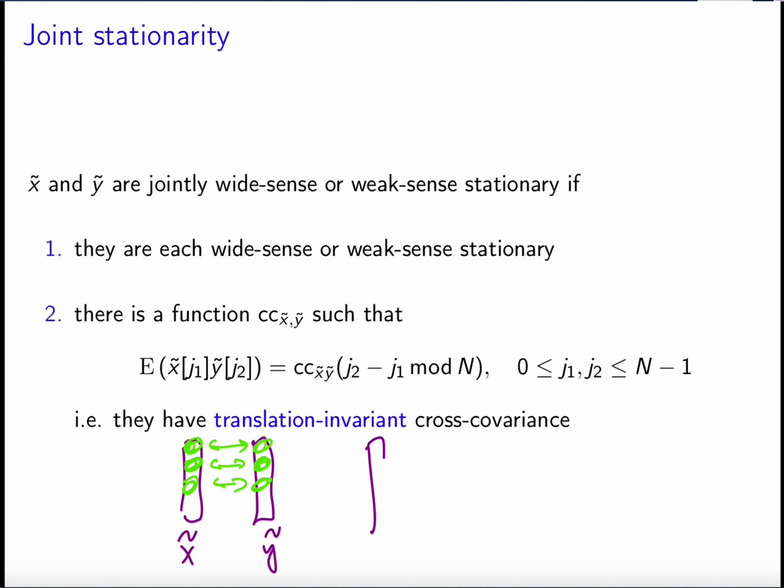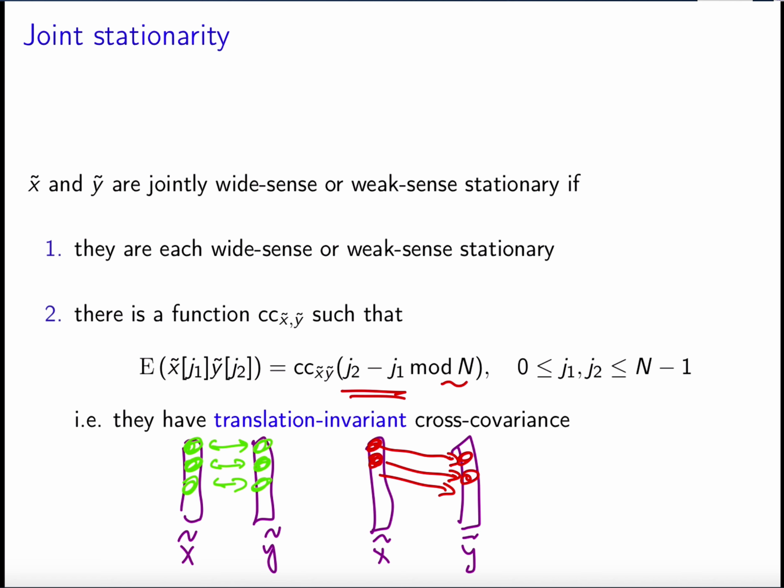Similarly, the covariance between the first entry of x and the second entry of y is exactly the same as the covariance between the second entry of x and the third entry of y, and so on and so forth. It only depends on the difference between the indices. Again, we have this mod n, but don't worry too much about it.